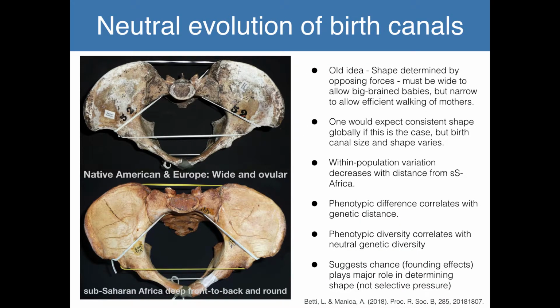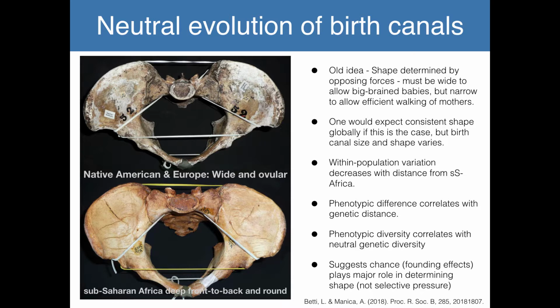There's a really nice example of that that was published last year, where scientists were looking at the evolution of birth canals in women. The old idea was that the shape of the birth canal is the result of adaptive natural selection.